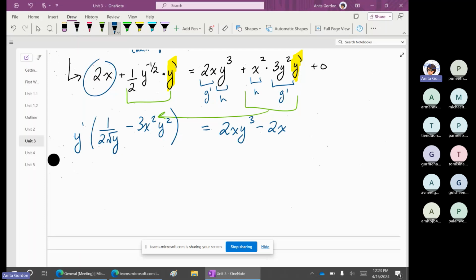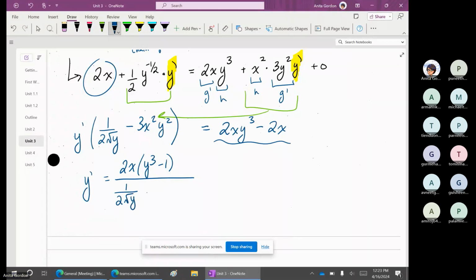Okay, so then y prime equals, I'm going to factor this. 2x, this is going to be y cubed minus 1, divided by 1 over 2 root y minus 3x squared y squared.